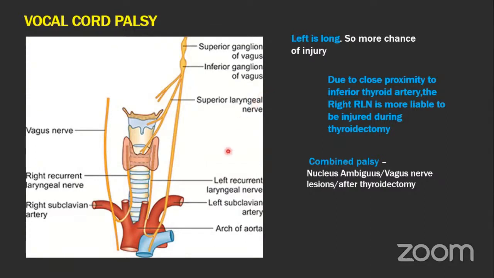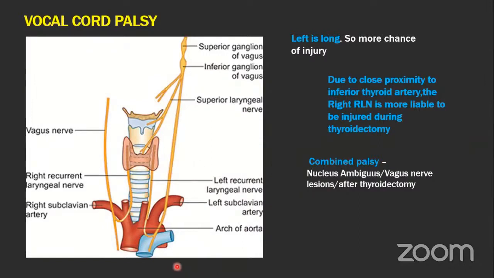So if the patient is having a left recurrent laryngeal nerve palsy, the cause can be in the superior mediastinum also, other than the neck. Right-sided injury will mostly be caused in the neck only. If it is the left recurrent laryngeal nerve palsy, you have to look into the mediastinum also. Neck and mediastinum for the left side.